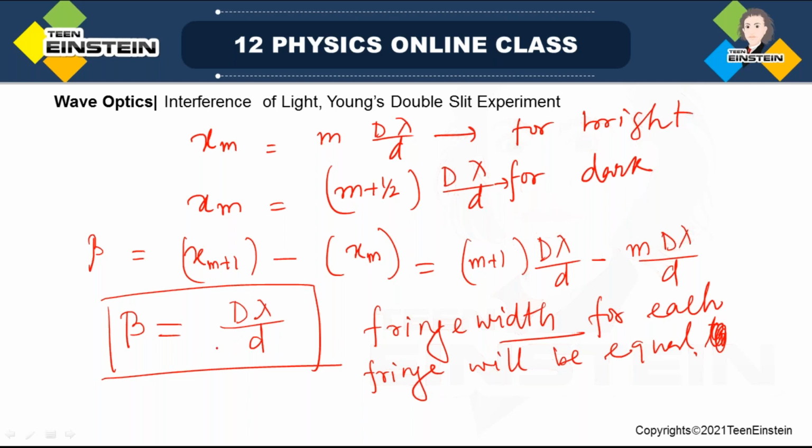Okay, so look, sometimes fringe width will be given, lambda will be given, and where the screen has to be placed, that kind of question may be asked. Sometimes capital D, screen to source distance, and the separation between the slits will be given, fringe width will be given, and you have to find out what is the wavelength used in the experiment.